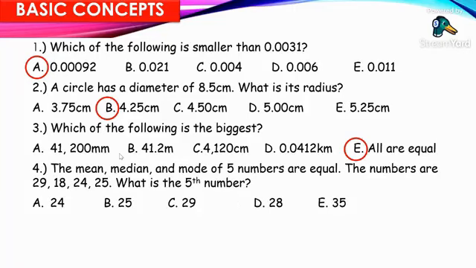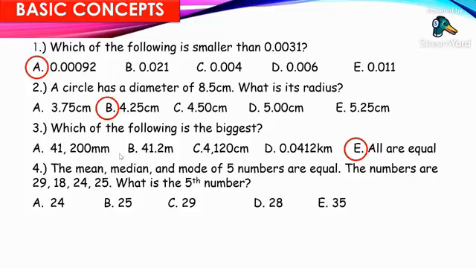Okay, ito. The mean, median, and mode of 5 numbers are equal. The numbers are 29, 18, 24, 25. What is the fifth number? Okay, as far as I could remember, merong isang GC na yung nickname niya is si Mean, Median, and Mode. Okay, so sana nabasa ninyo yung meaning ng kanyang nickname para mas maintindihan natin si problem number 4.